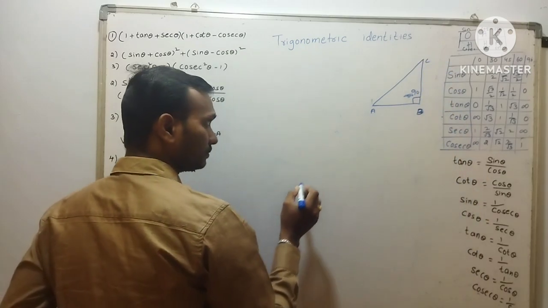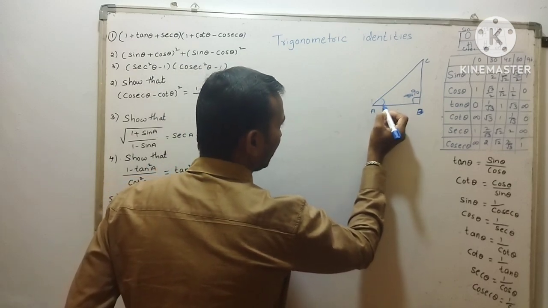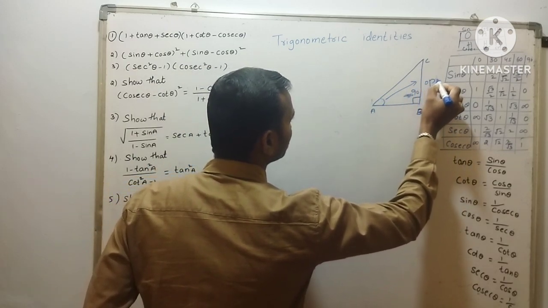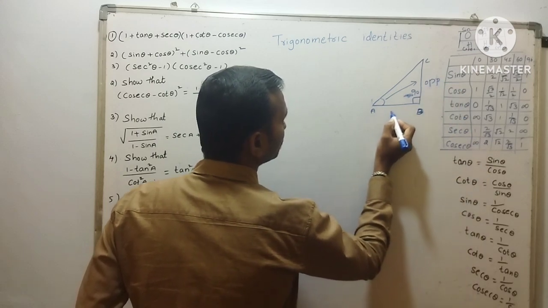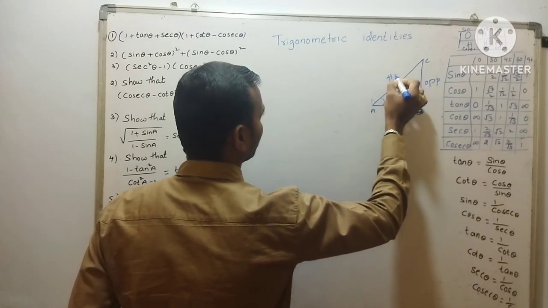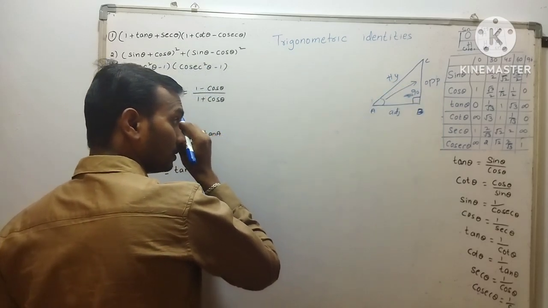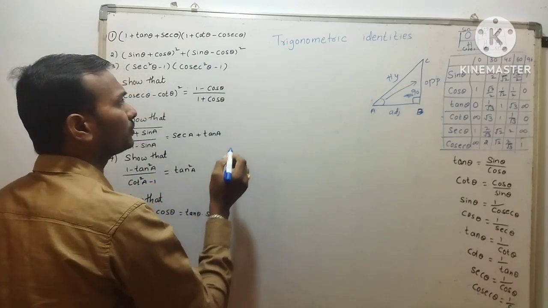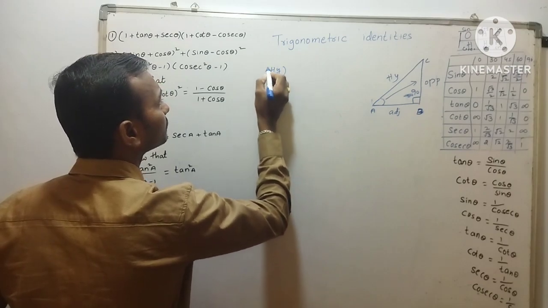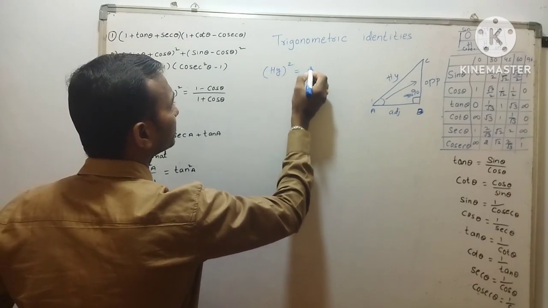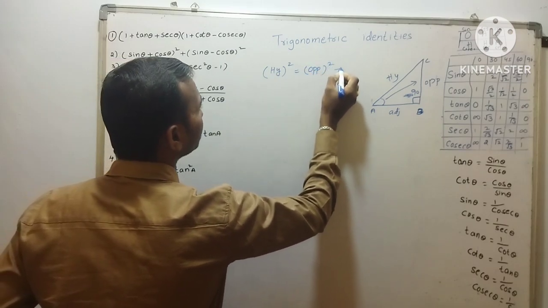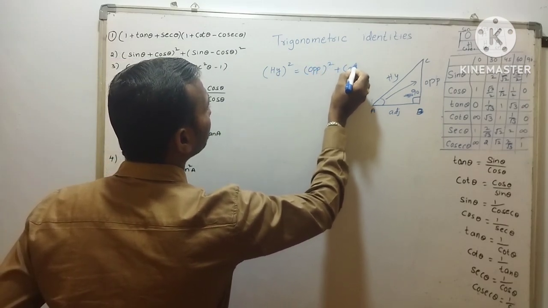Now, if you see from A side, this is our opposite. This is our adjacent. This is the hypotenuse. We know that hypotenuse square is equal to opposite side square plus adjacent side square.